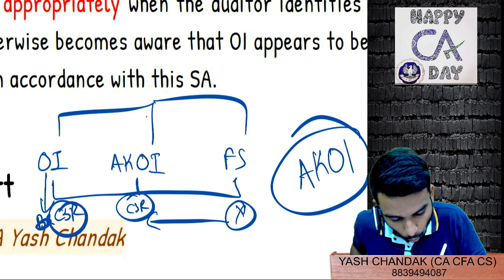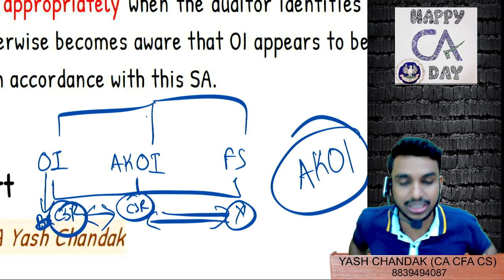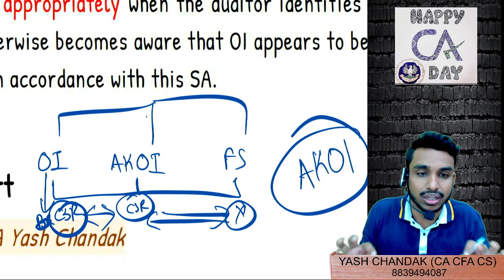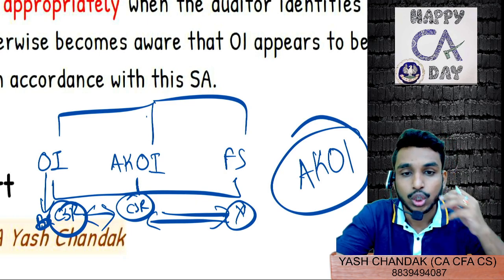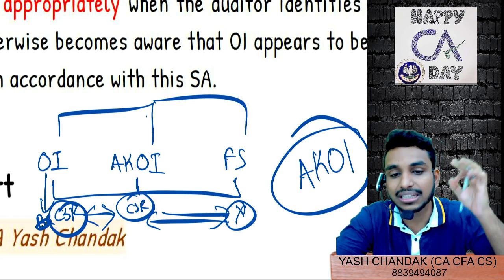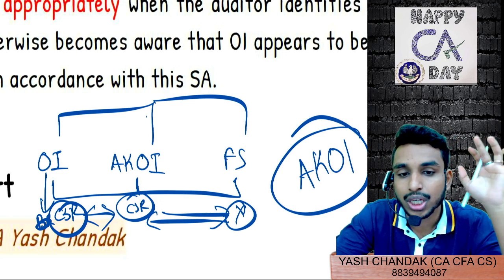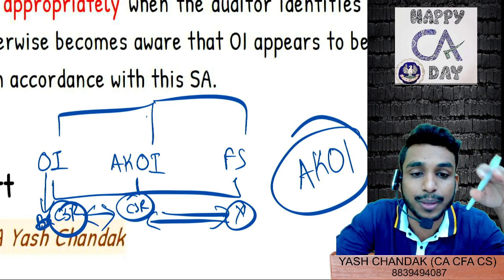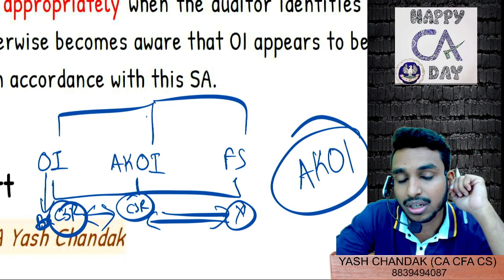Then we should tally all three. That is the objective. Tally means only read and tally. You do not have to audit the same. You just have to check whether the same figures are populated in all the places or not.